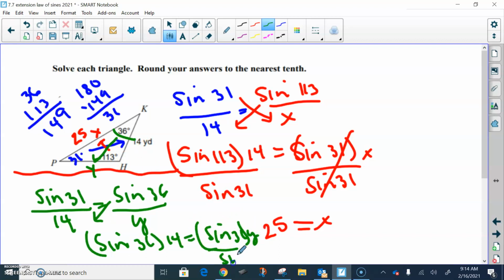Divide each side by sine of 31. Okay, and now I'm ready for my calculator. I say sine of 36 times 14, and then divide by sine of 31, and I get my missing side is 15.97, so we're going to call that 16.